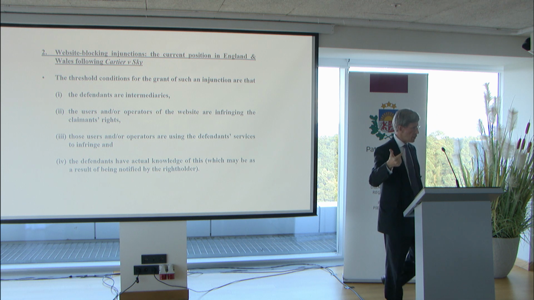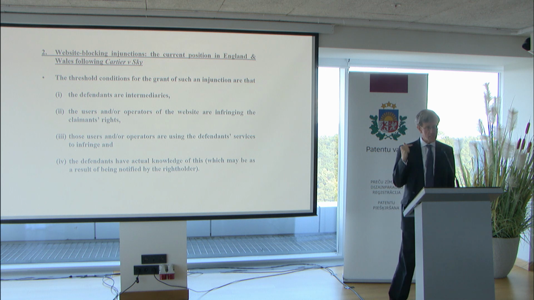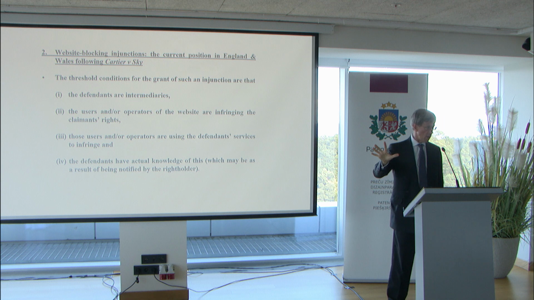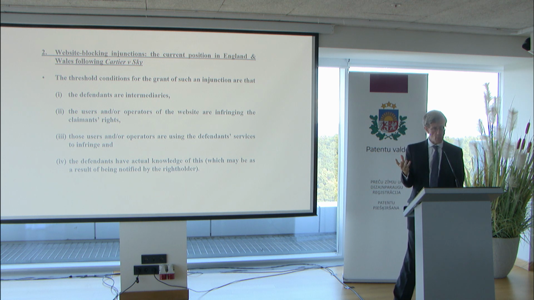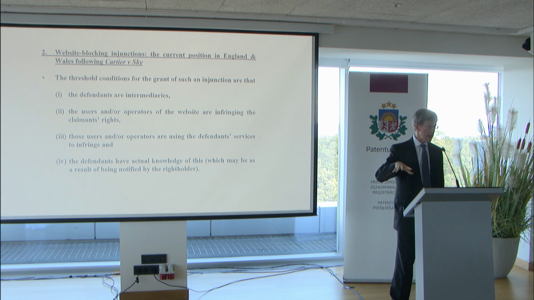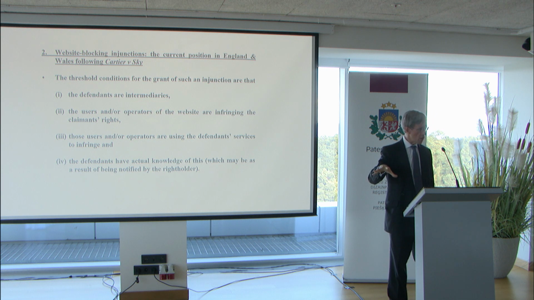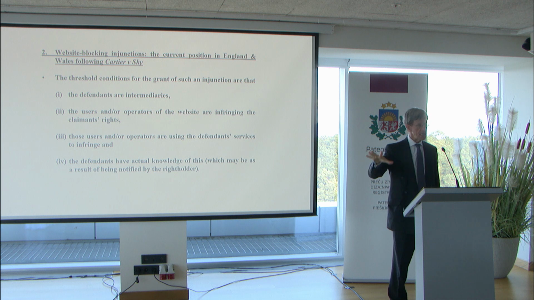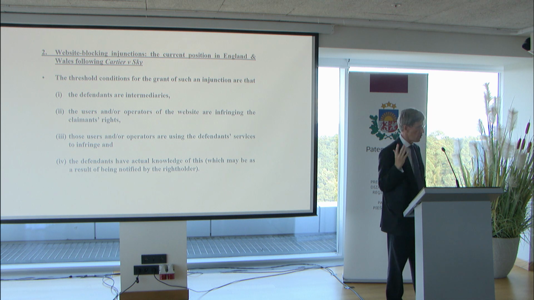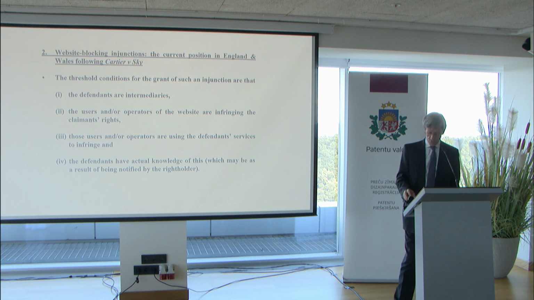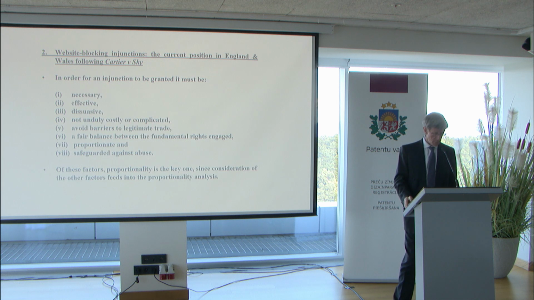Where does this requirement of actual knowledge come from? Answer, it comes from the e-commerce directive and the various safe harbours that exist for intermediaries under the e-commerce directive, the effect of which, as Thomas showed you by reference to Article 14, is that intermediaries are immune unless they have actual knowledge. So that's where the 4th threshold condition comes from.